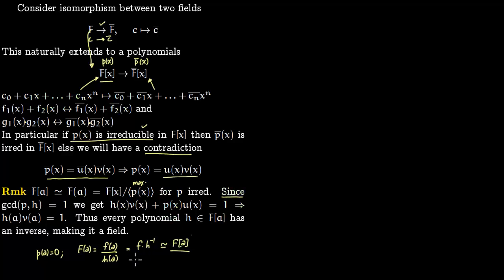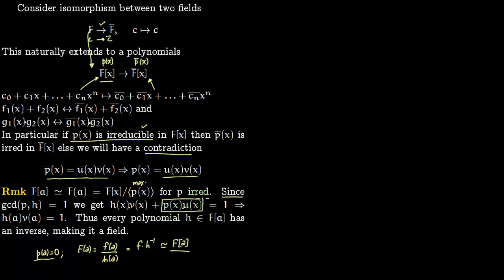Since the greatest common divisor of this irreducible polynomial and any polynomial h is 1, you can rewrite this as h(x)v(x) plus p(x)u(x) is equal to 1. That is just by the property. So there are polynomials v and u which exist. You multiply like this, this will become 1. Now you evaluate this at a. If you evaluate this at a, p of a is 0.